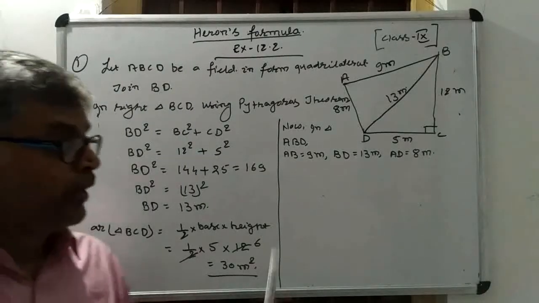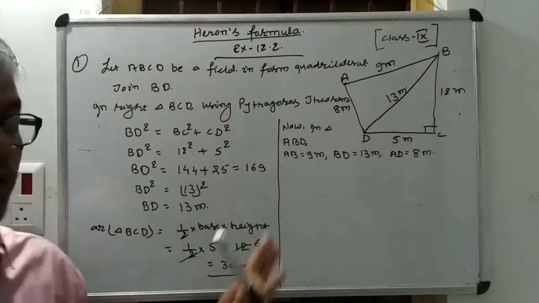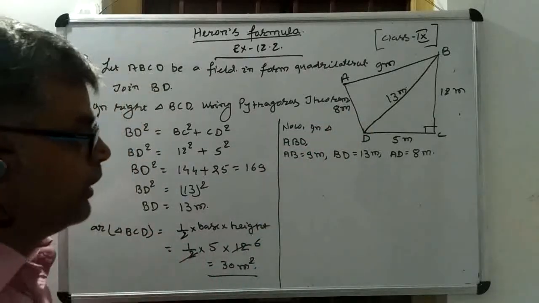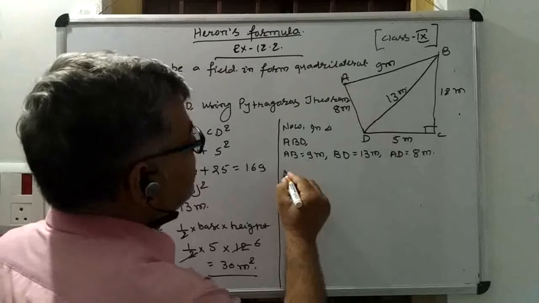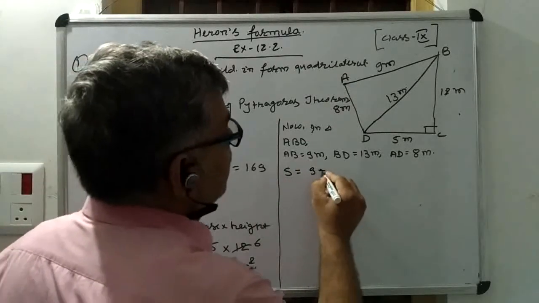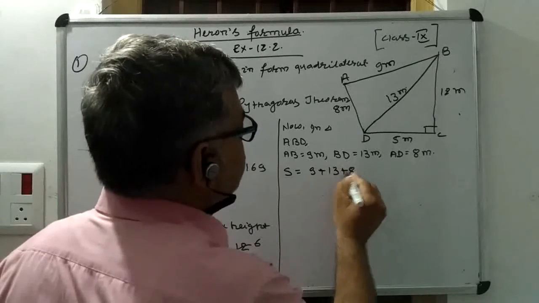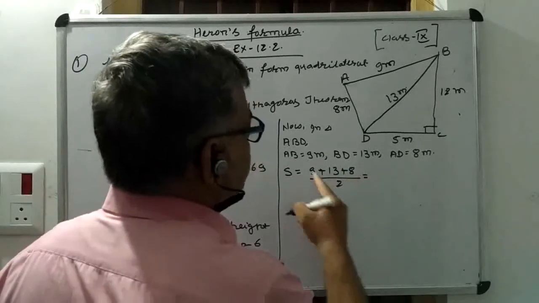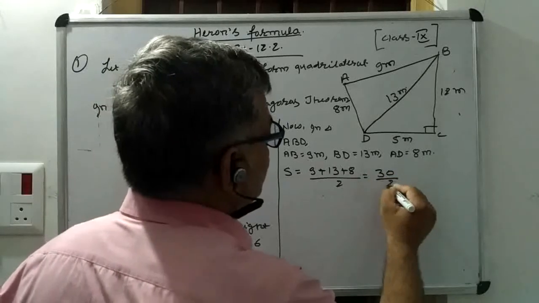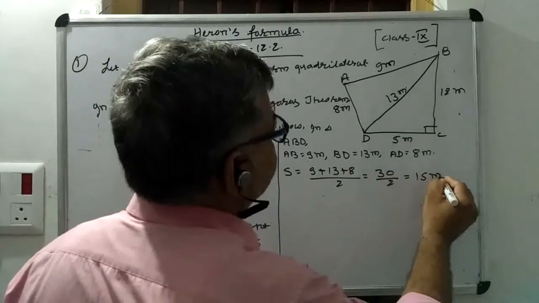So we will use Heron's formula in this triangle to calculate its area. First you find its semiperimeter. Its semiperimeter will be 9 plus 13 plus 8 divided by 2, which will be 9 plus 13, 22 plus 8, that is 30 by 2, that is 15 meter.